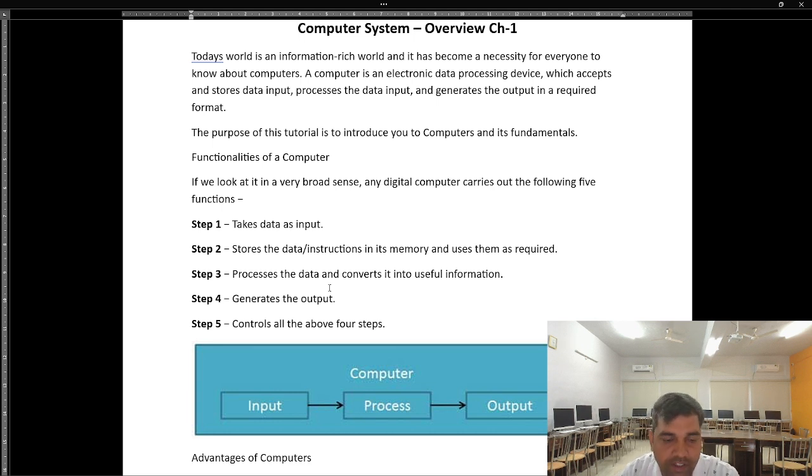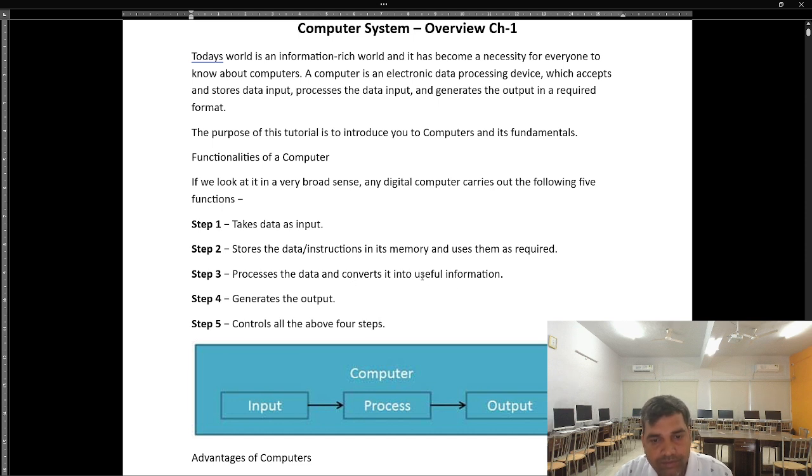In that unit there is an ALU, the arithmetic and logical unit. The CPU processes the data with the help of the ALU, which does arithmetic operations, relational operations, and logical operations. Arithmetic operations mean addition, subtraction, multiplication. Relational operations mean comparison: less than, greater than, equal to, not equal to.